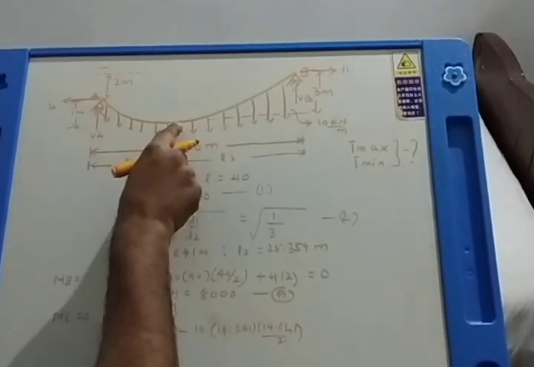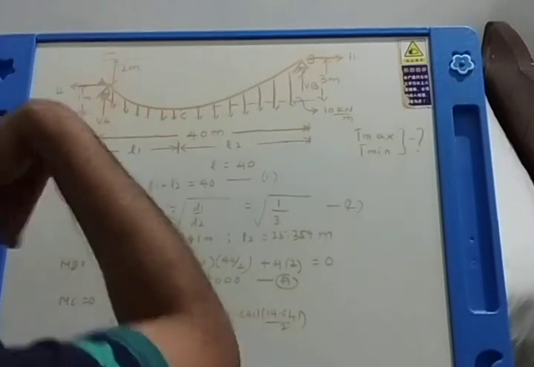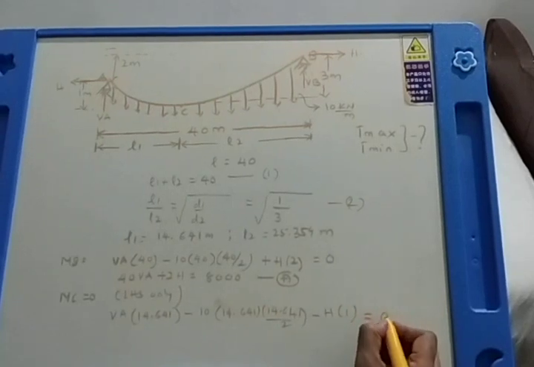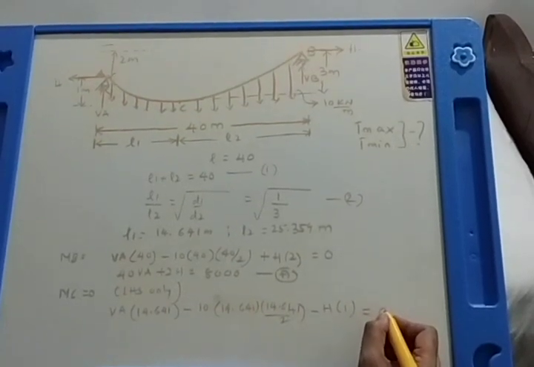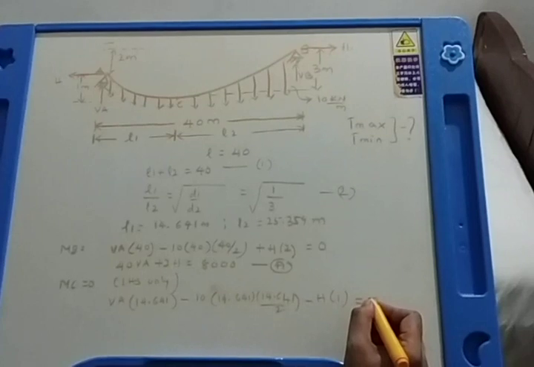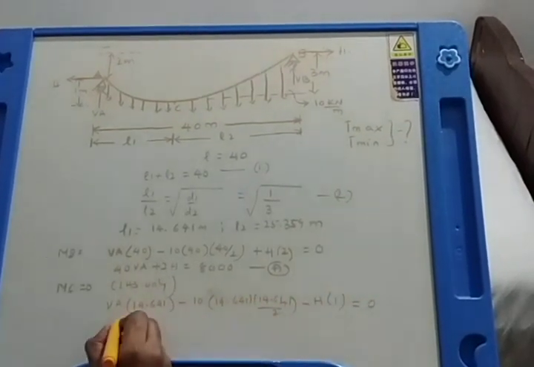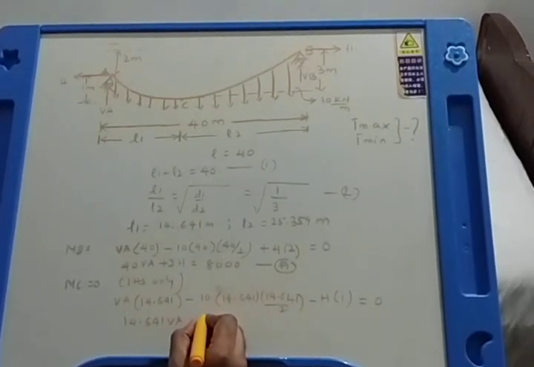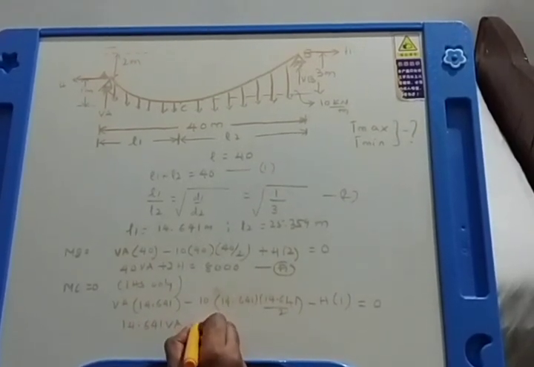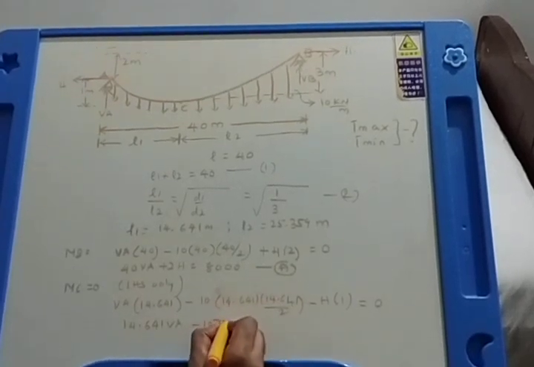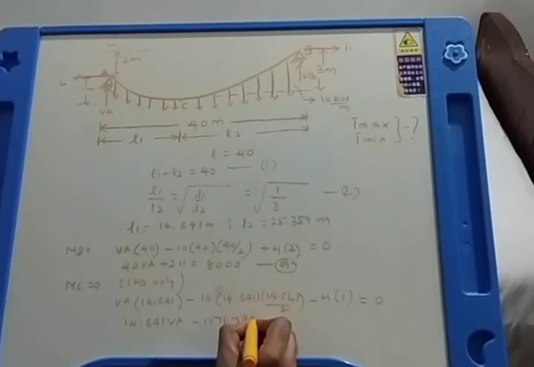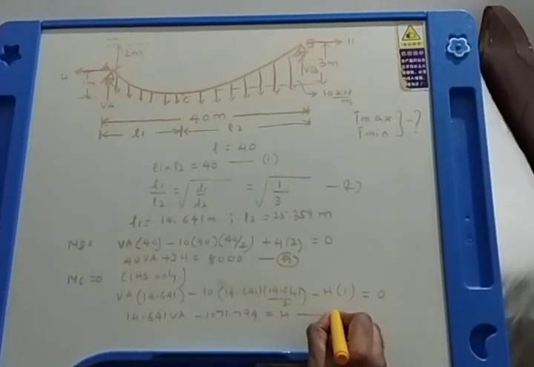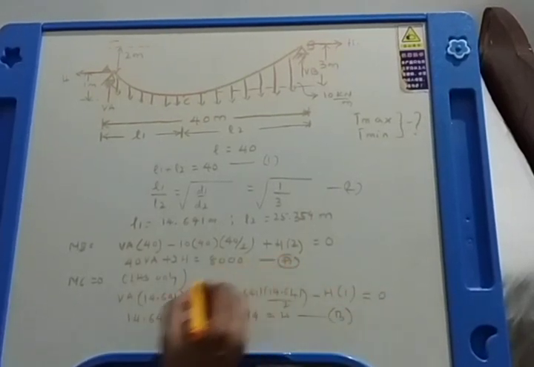And moment due to H, we are taking moment at C, H is acting away, so it is going to be anti-clockwise, minus H into 1 is equal to 0. If you simplify this, you are going to get the equation as 14.641 VA minus 1071.794 is equal to H. You call this equation B. The first equation is A, the second equation is B.